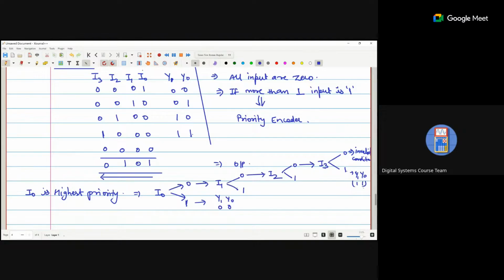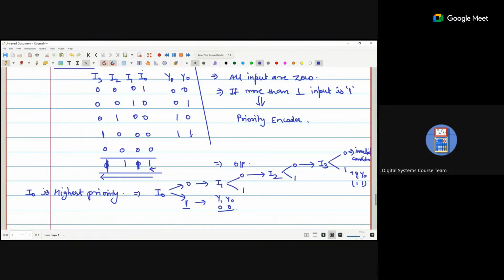Now if you have all ones, it checks I0. If I0 is 1, no need to go further because I1 is a lower priority compared to I0, so it will not check I1, I2, I3.